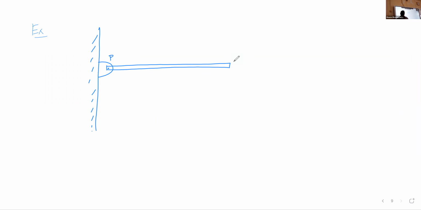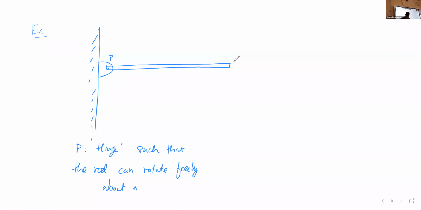At the point P, there is a hinge such that the rod can rotate freely about a horizontal axis at P, a horizontal axis coming out of the plane of the board. The mass of the rod is M, length is L.